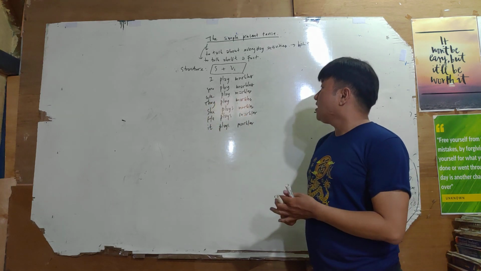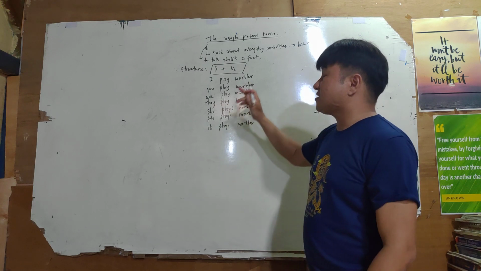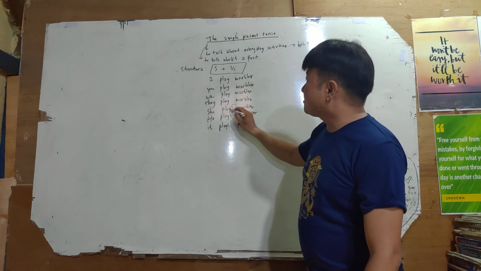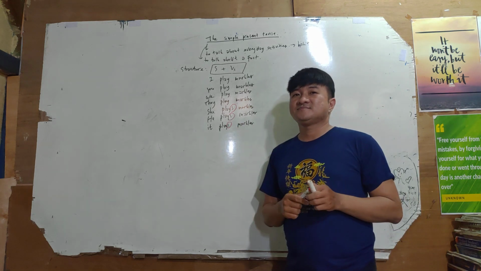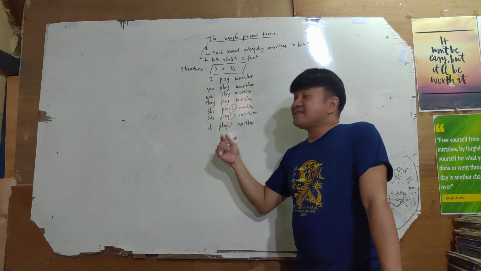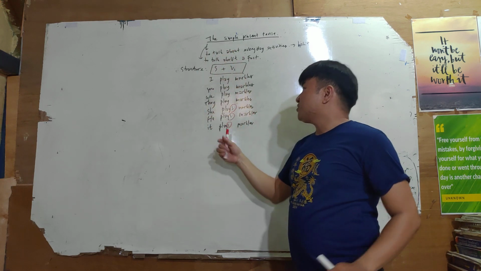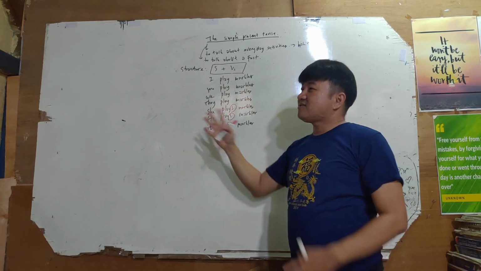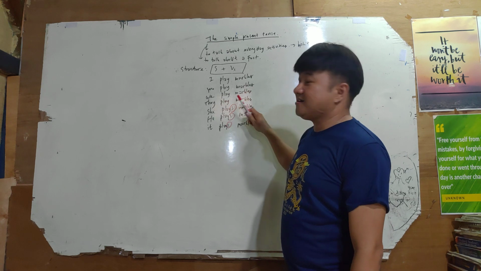So here, what do you notice? What difference do you notice in here? What stands out? We've got the S in here. So as you can see, there's the S there. So you might be wondering, why is it like that? Well, actually, that's the rule, okay? The rule for the simple present tense. When the subject is he, she, it, the third person singular, we need to place S, okay, in the verb.